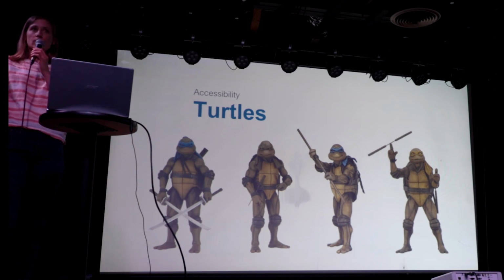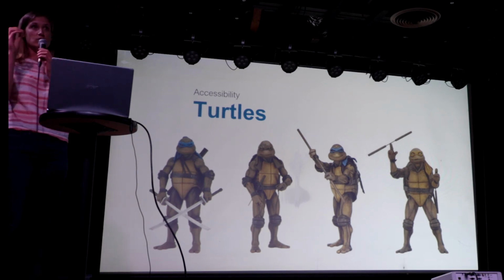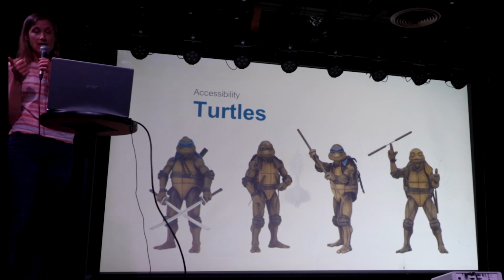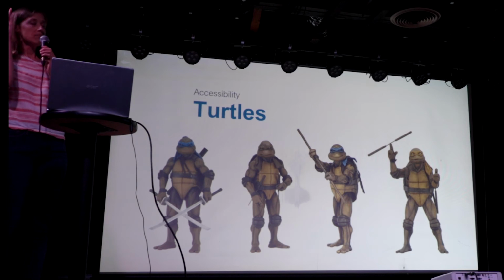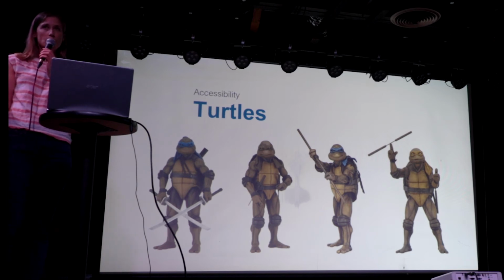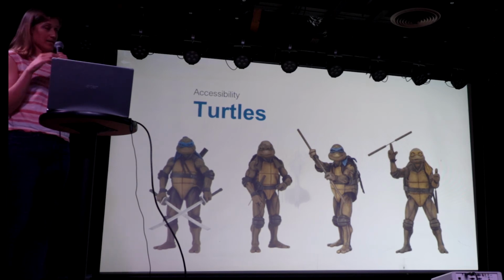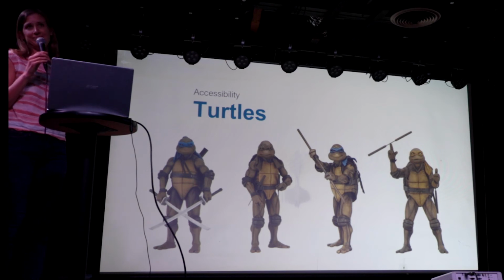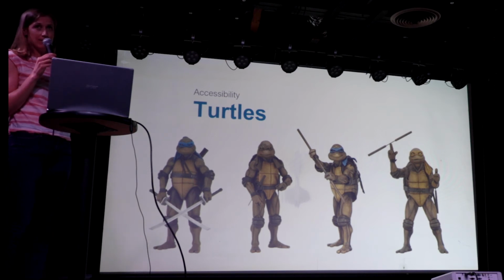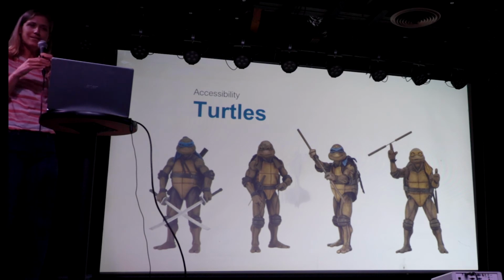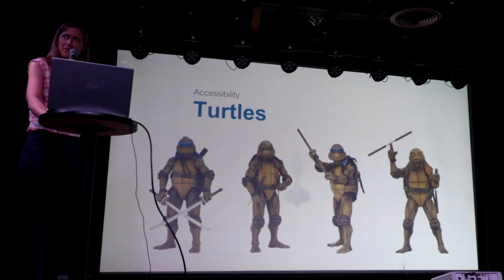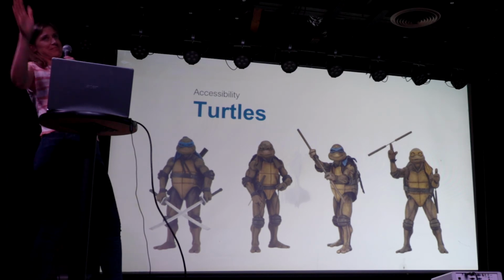Each turtle has a completely distinctive and unique weapon set that they use. So regardless of whether or not we have full color vision, we're able to tell who is who all the time. Basically, the turtles meet the web accessibility standards, which is great. And also, the turtles themselves are accessible, which is exciting. We did it. Hooray for accessibility.